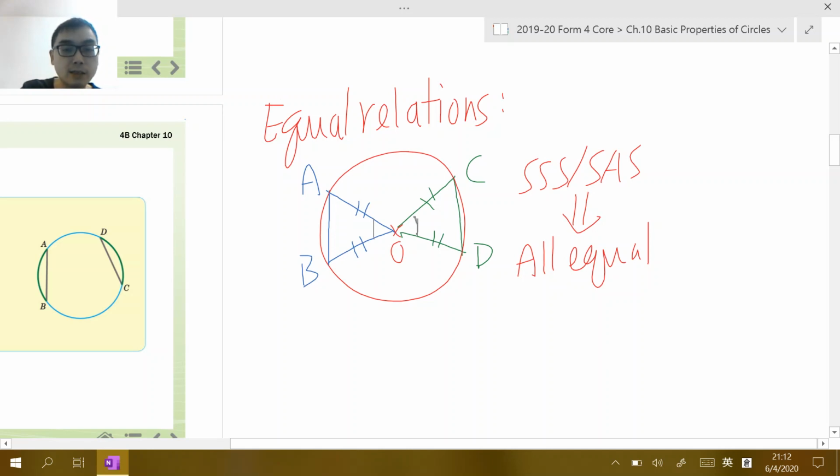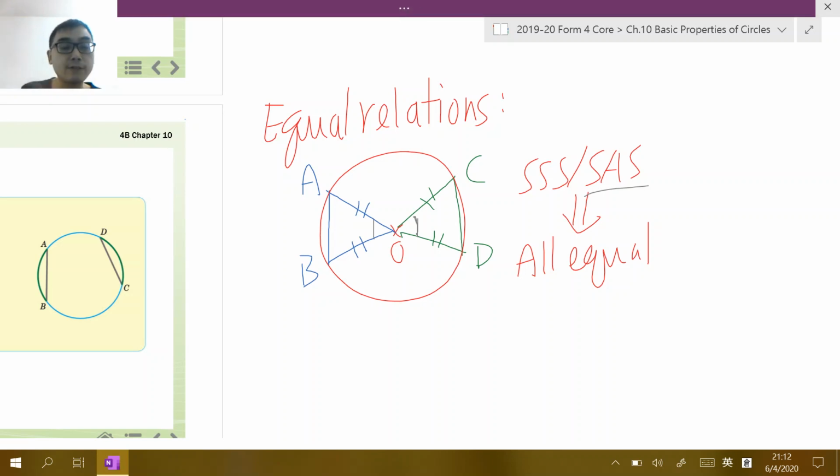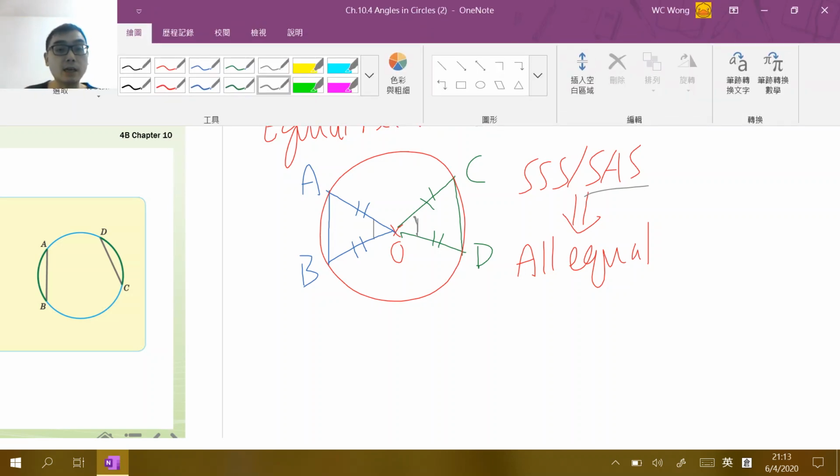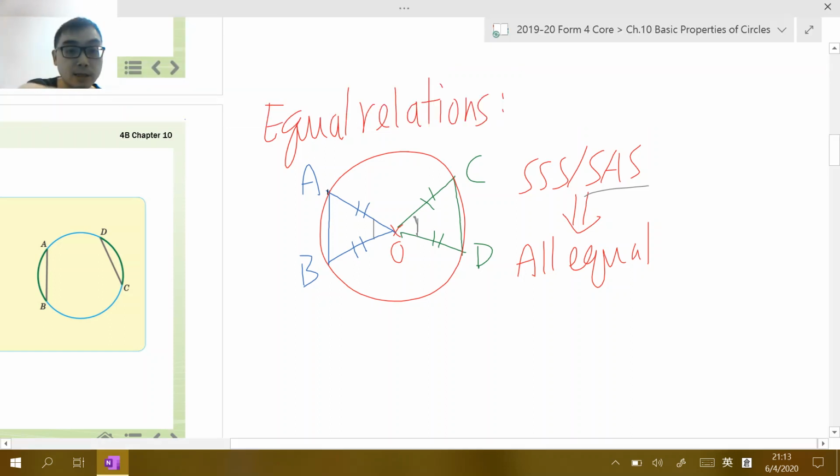If they're the same, you satisfy the condition of SAS, because OA and OB are the two sides, and the angle AOB is the angle included in these two sides. So you satisfy the condition of SAS. If this time I'm not saying the angles are equal, but we say the chords are equal, for example, the chord AB, this straight line, and this straight line CD.